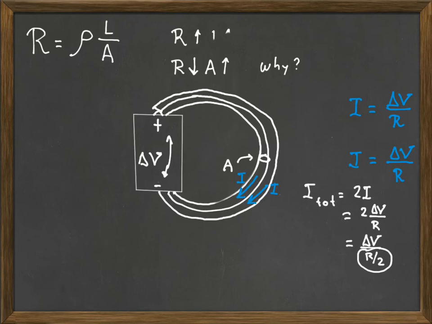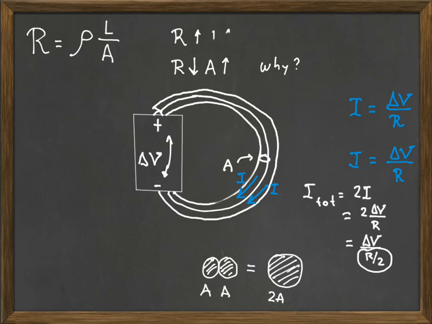So what we're saying here is that the two wires combined have less resistance than a single wire. In fact, two identical wires connected like this, we're going to call this a parallel connection. Two identical wires connected in parallel have half of the resistance of a single wire. So what does that mean in terms of the area dependence of the resistance?